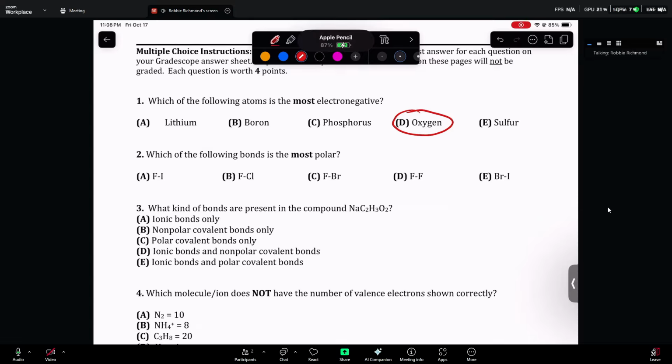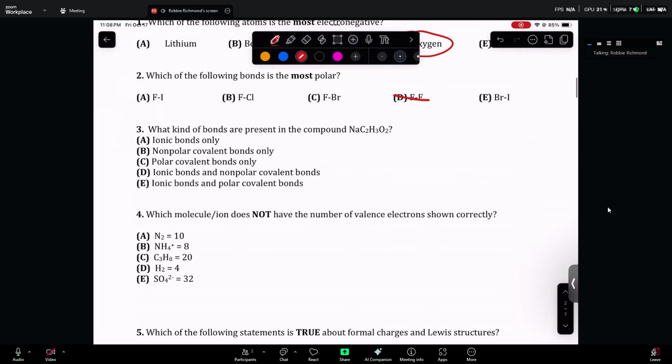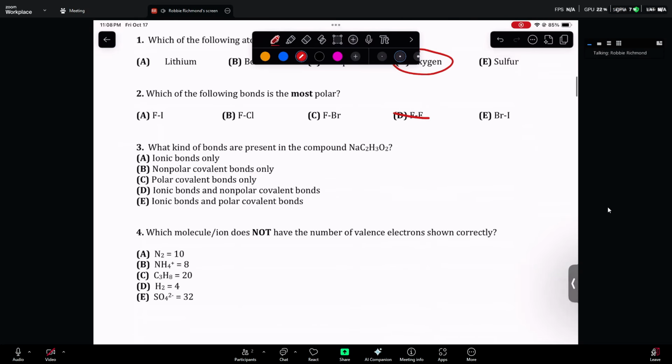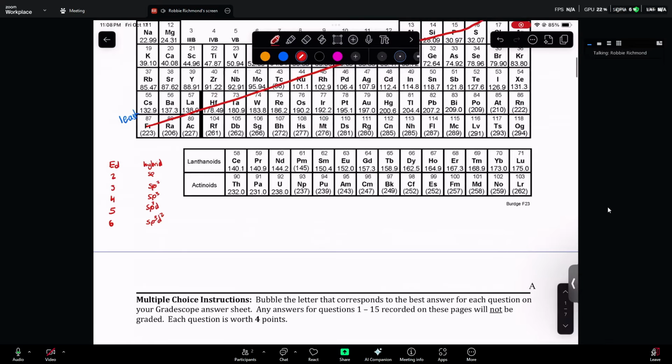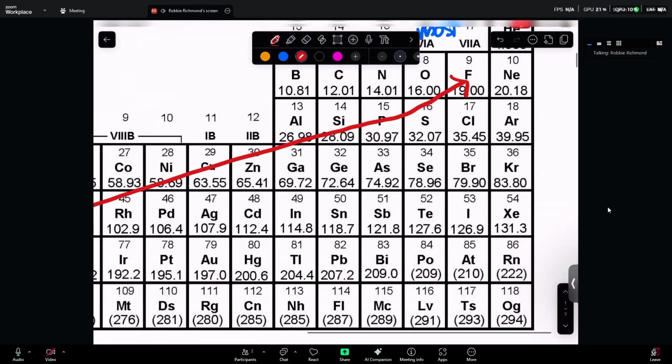Alrighty. Now, number 2, which of the following bonds is most polar? And when we're talking about most polar, we're basically saying which has the highest difference in electronegativity. So I see fluorine bonded to fluorine, that's nonpolar. Immediately wrong. And then I see fluorine bonded to bromine, chlorine, and iodine. So if you look at that, we have chlorine, bromine, and iodine.